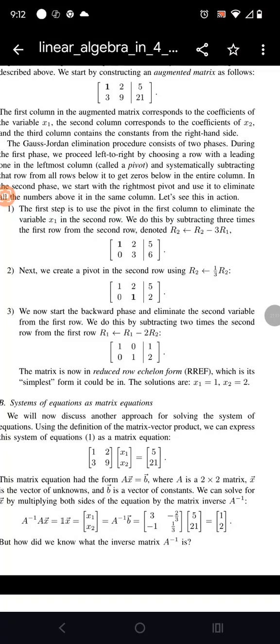So we have now the identity matrix. The matrix is now in reduced row echelon form, which is its simplest form. The solutions are x1 is 1, x2 is 2.